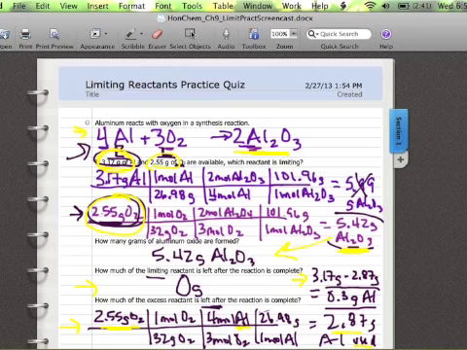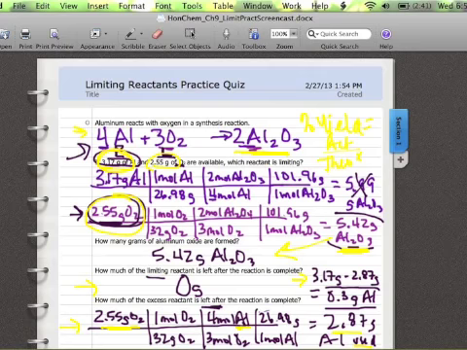Finally, the last thing we can do, which I don't have on here, is figure out a percent yield. For the last step of one of these, if you have a percent yield, they would give you the amount that you produced in the lab. Percent yield equals actual over theoretical times 100.